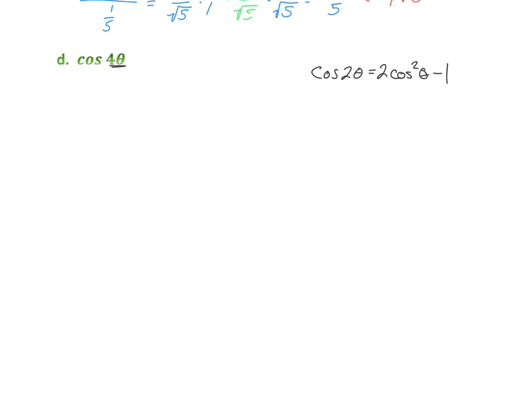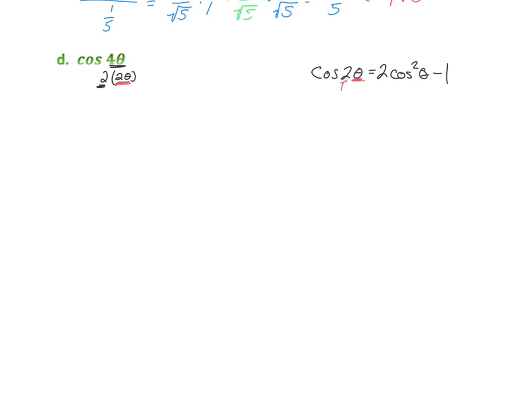Now, since we have cosine of 4 theta, that means the angle that's being doubled is really 2 theta. So we're doubling 2 theta, not just theta. So over here in the actual formula, theta, what's being doubled, is no longer just theta, it's 2 theta.